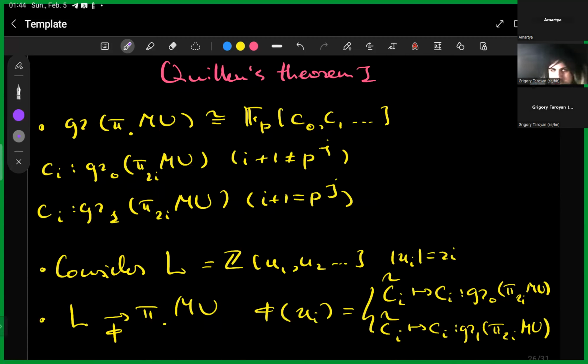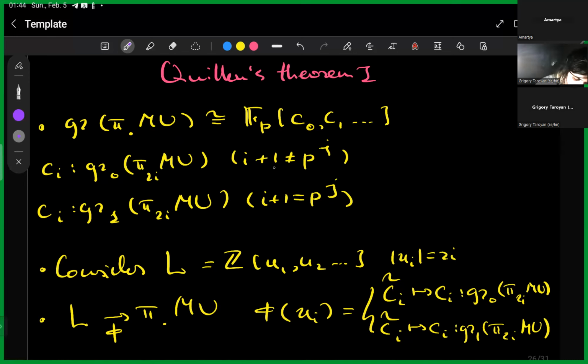Well, we know the Adams filtration, which gives us these isomorphisms which give us the following elements in the associated quotients of this associated graded algebra.